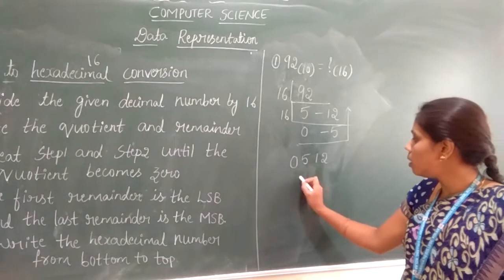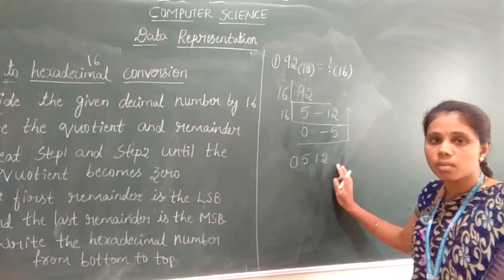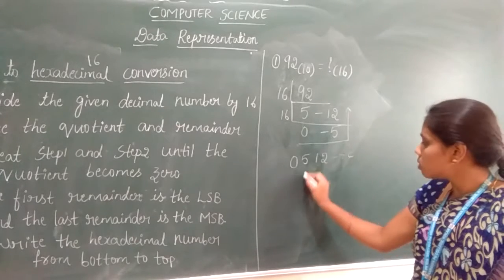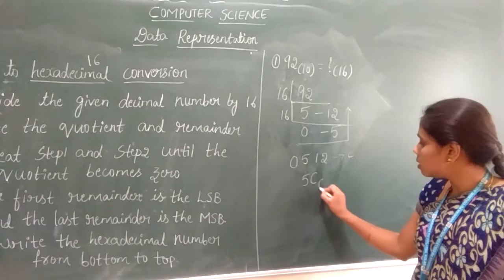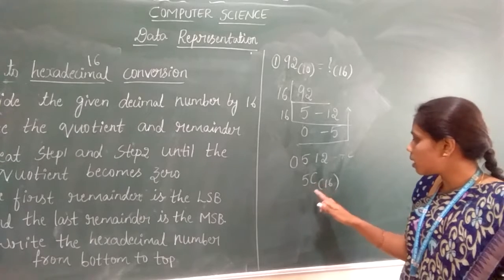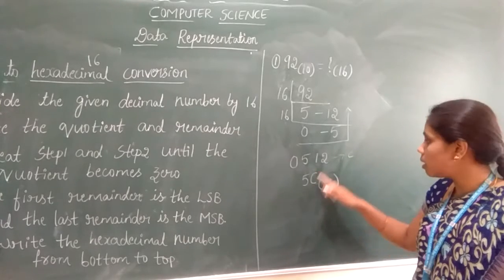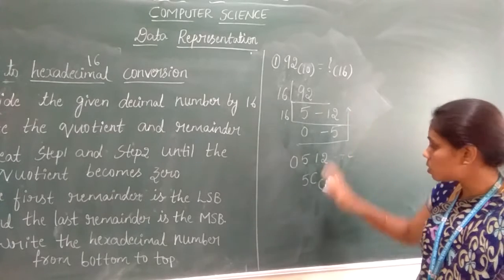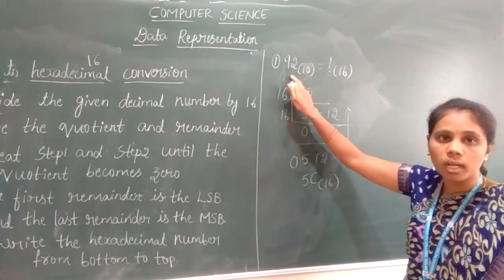So 5 and 12. Now 12 cannot be written as it is because the hexadecimal equivalent value for 12 is C. This is base 16 because it is in the hexadecimal range. C is an alphabet representing the value of 12. 5C belongs to the hexadecimal number system. So this is the hexadecimal equivalent value for the decimal value 92.